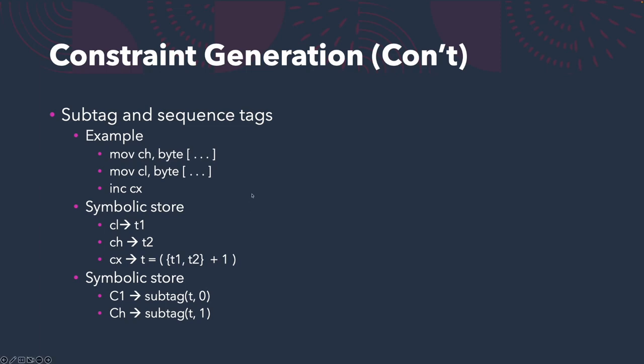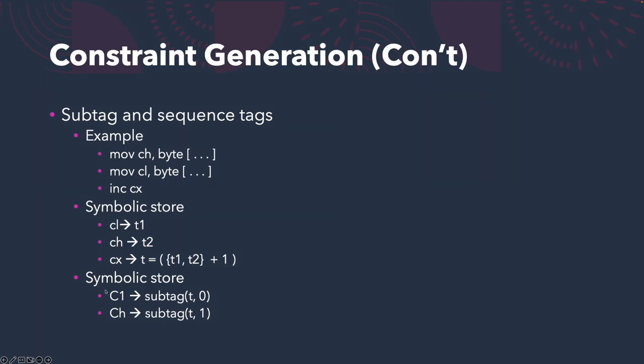So the symbolic store works as follows. The CL will be tagged as T1, the CH will be tagged as T2, and after the CX execution, the CX variable will be stored as T equal to the combination of T1 and T2 plus 1, and it only affected the CL values.